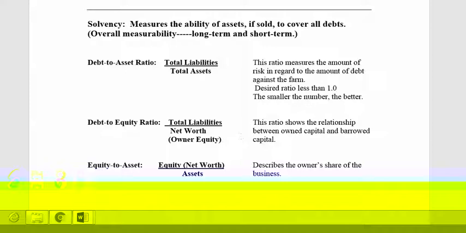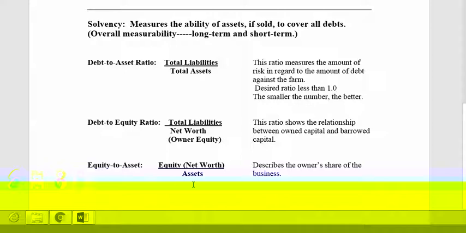If we had a debt to asset ratio up here of 0.5, that would mean our debt to equity ratio would be 1 to 1. $1 of debt for every dollar of equity. If we sold our entire farm, the bank would get $1, we would get $1. For every dollar the bank would get, we would get $1. So you can see it's a variation of the debt to asset ratio.